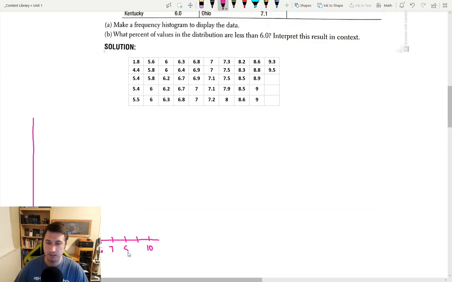In my first bin, I'm going to make a table here so I know how tall to make each bar. The first one is going to be from 0 to 1. Then the next one will be from 1 to 2, 2 to 3, 3 to 4, and you can catch on there.